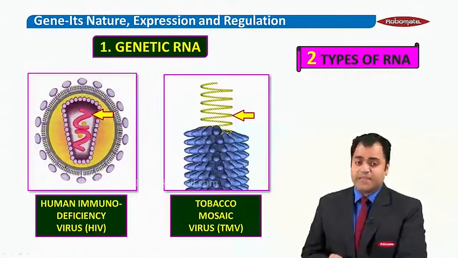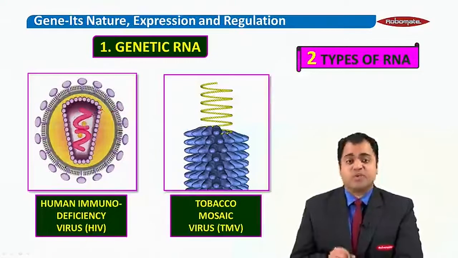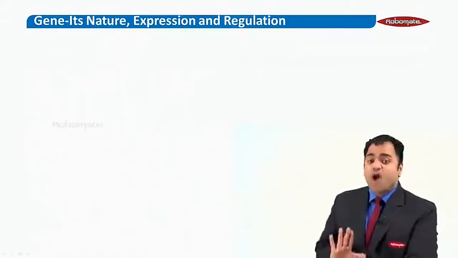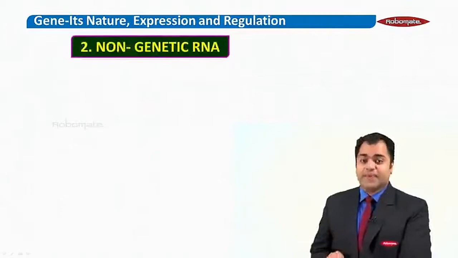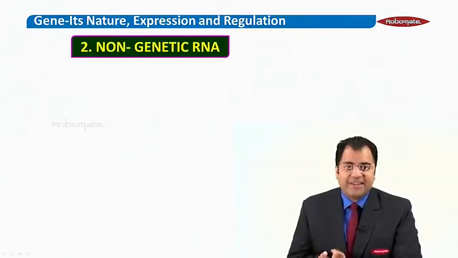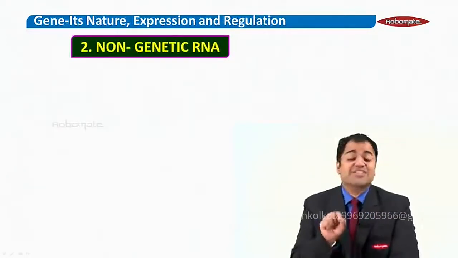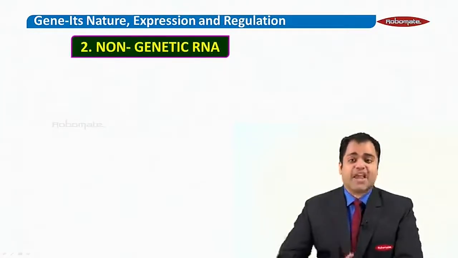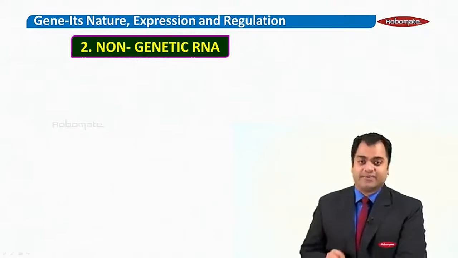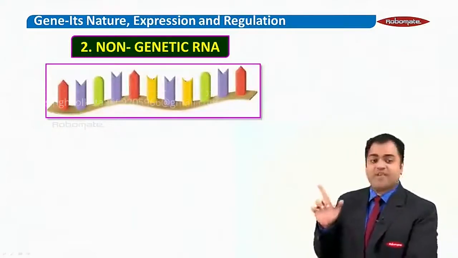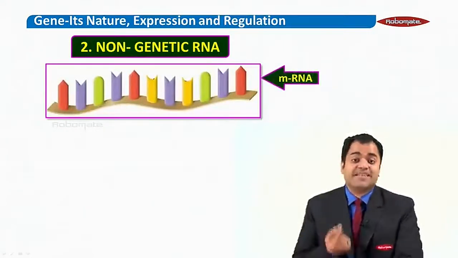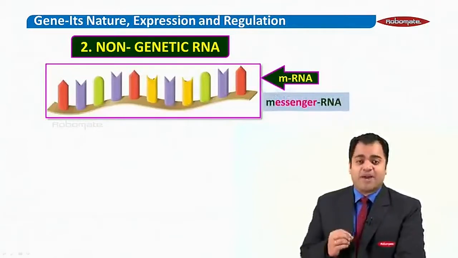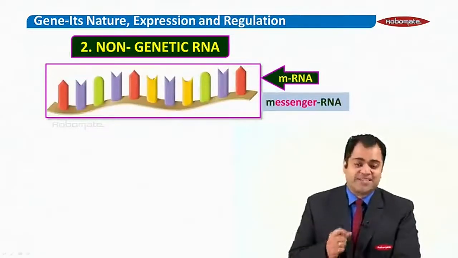Is that okay? There is another type of RNA called non-genetic RNA. Why are they called non-genetic? You guessed it right, because their genetic material is DNA. Now there are three main types of non-genetic RNA. Namely, this one right here is called messenger RNA or mRNA, where the M stands for messenger.